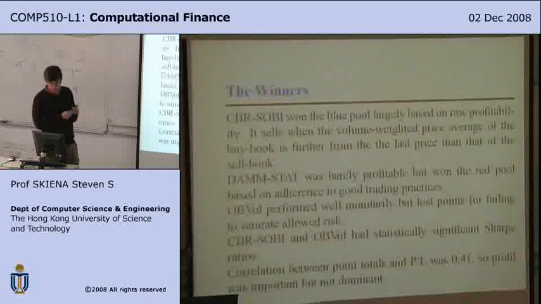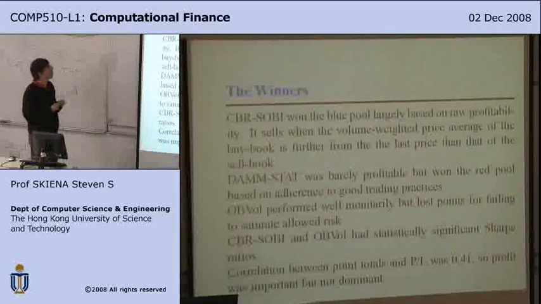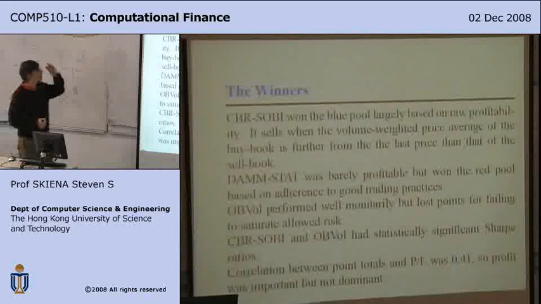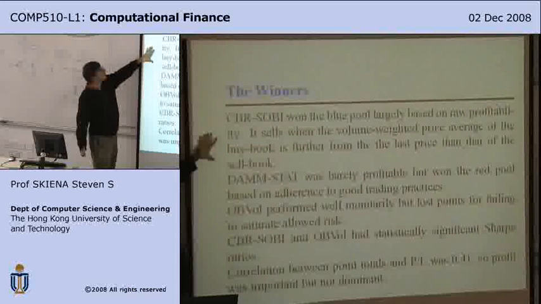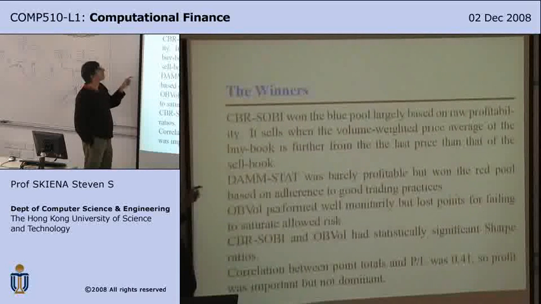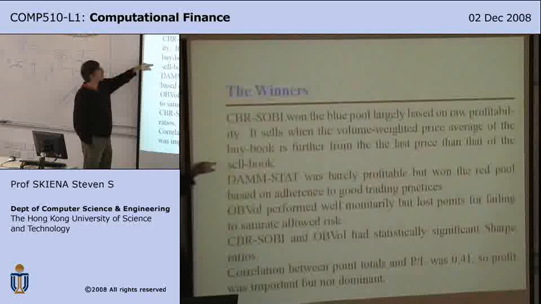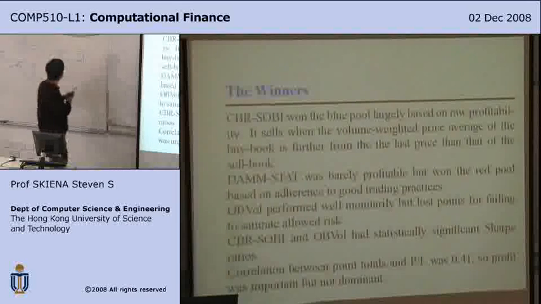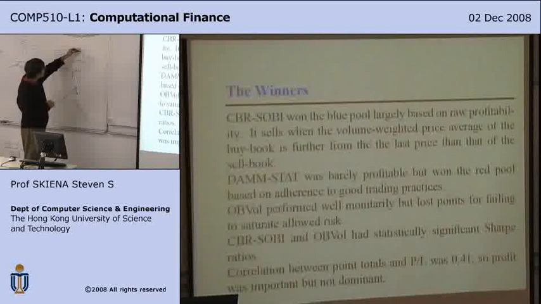Who were the winners? The winner of one of the pools was one that won solely on the basis of profitability. This is one that sold whenever the volume-weighted price average of the buy book was further from the last price than that of the sell book. So again, they computed the statistic: here is the price, here is the volume.